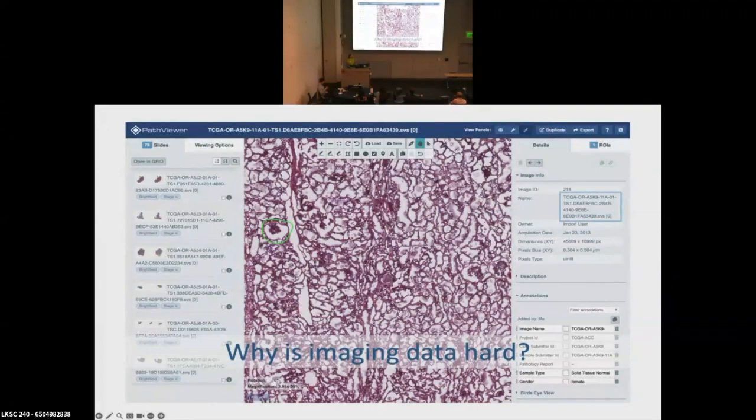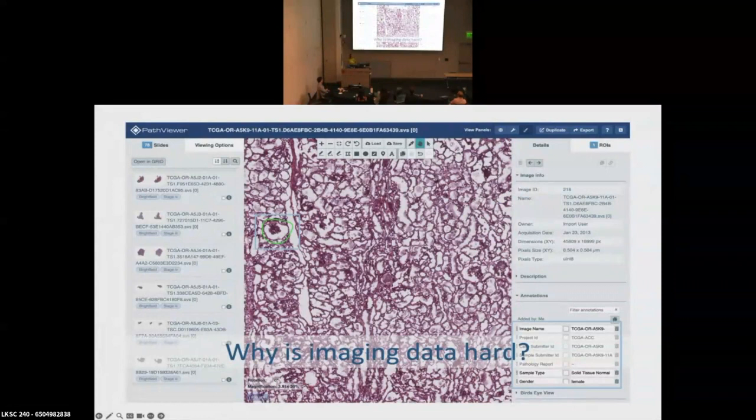I can't open vendor one's format in vendor two's software. So it becomes really challenging to have cross-modality research and analysis or even visualization of this data. And so here's just one example of this particular image in the SVS format. And so you might have imaging data from across different vendors, and it's all in a different format, and all of those formats are proprietary.